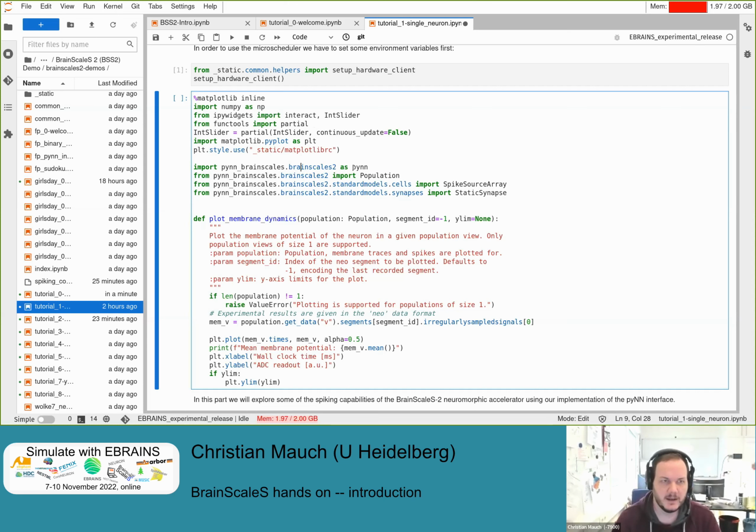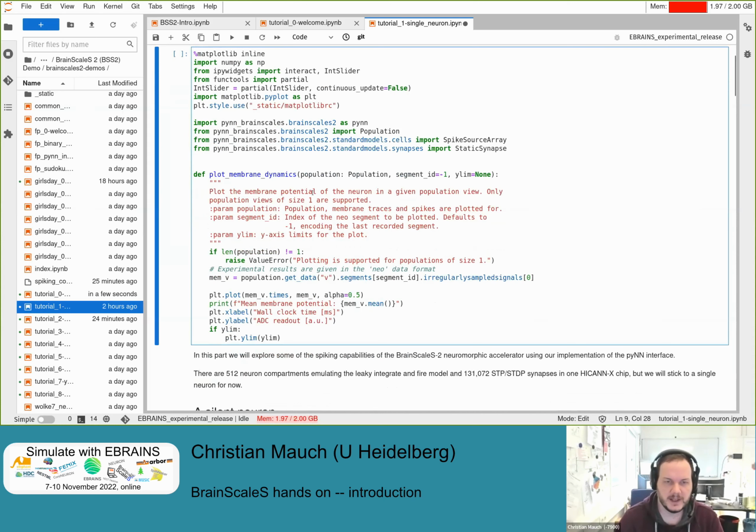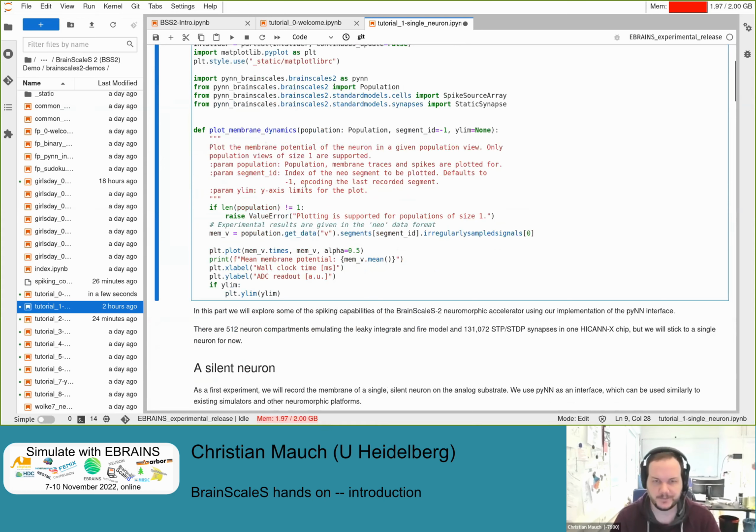This doesn't completely work, as you will see in the following tutorials and slides, but it's a rather close approximation. And then again, just a helper function that will print the results of the experiment, mostly membrane traces and spikes.